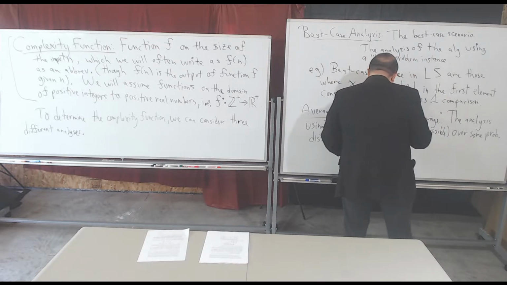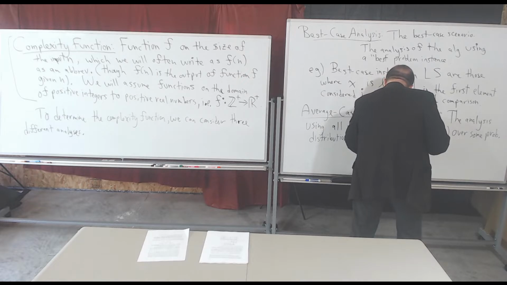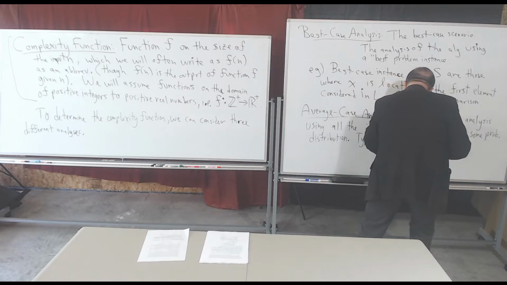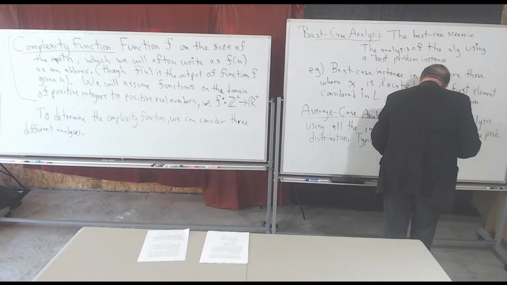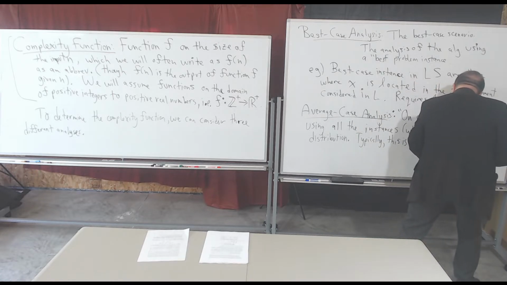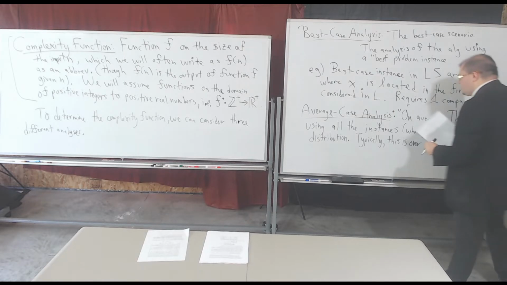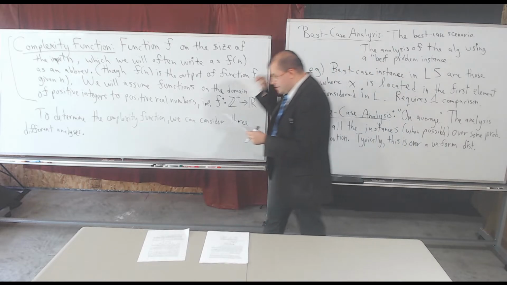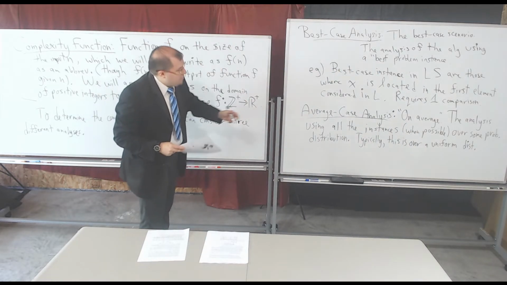And I should mention that typically this is over a uniform distribution. So what do I mean by uniform distribution? It means that all outcomes are equally likely. So hence why we call it average here.